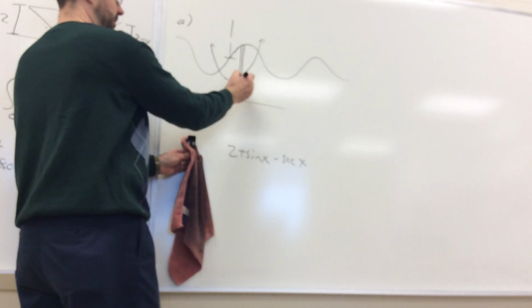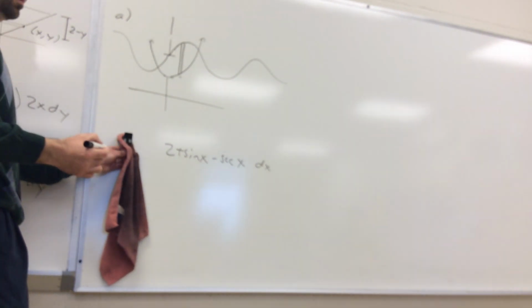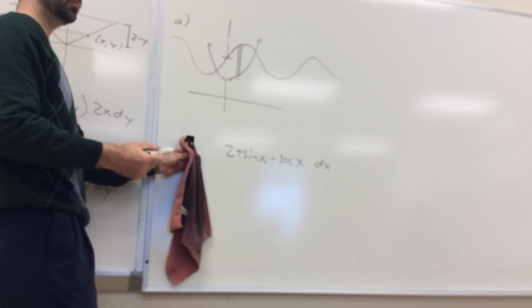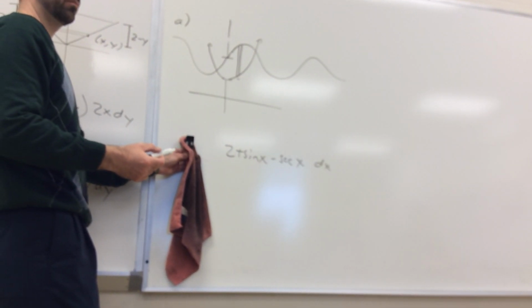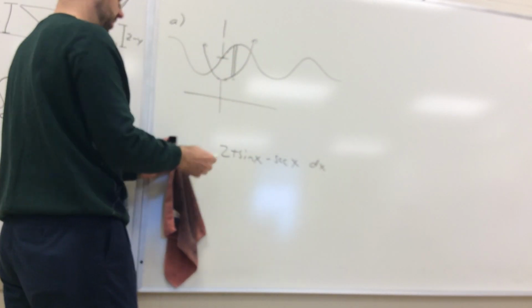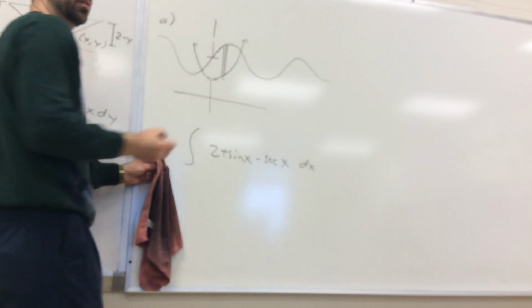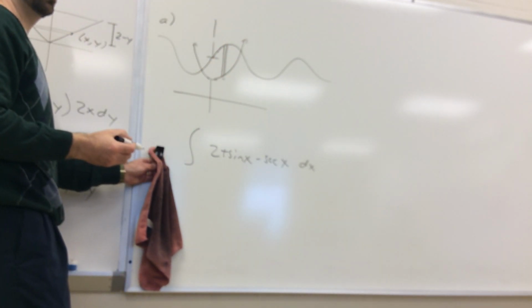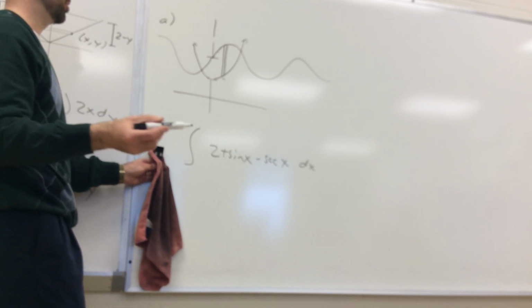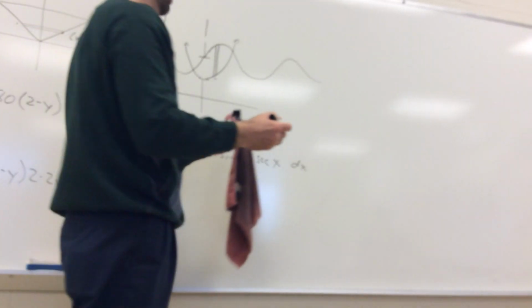Then the width of the rectangle is dx. But we have a lot of those rectangles all next to each other, so we're going to add up infinitely many of those from this point to that point. So now we've got to work on finding the intersection points between 2 plus sine x and secant x.